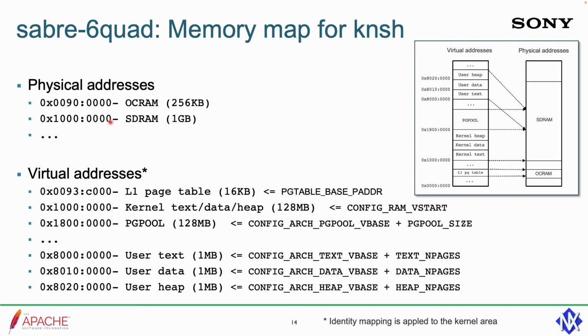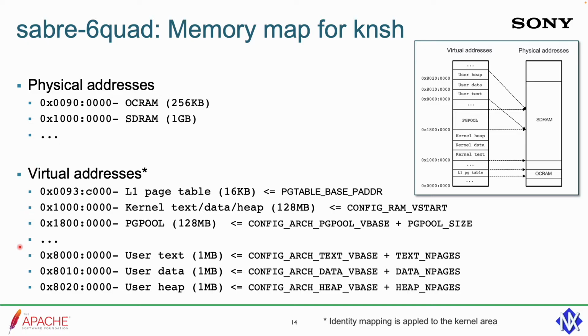The next slide shows a memory map for the sabre-6quad KNL. The sabre-6quad supported board uses NXP's i.MX6 processor, which has OCRAM, on-chip RAM, as well as SDRAM, located at the following physical addresses. Regarding virtual addresses, I assigned addresses as follows.